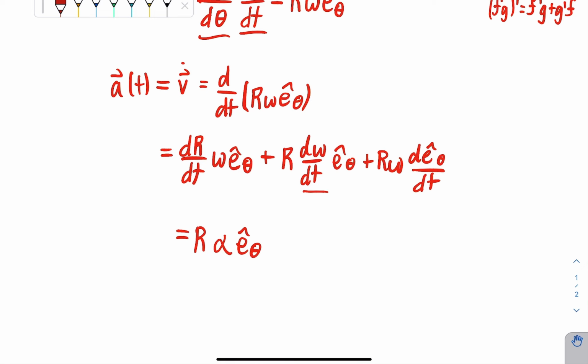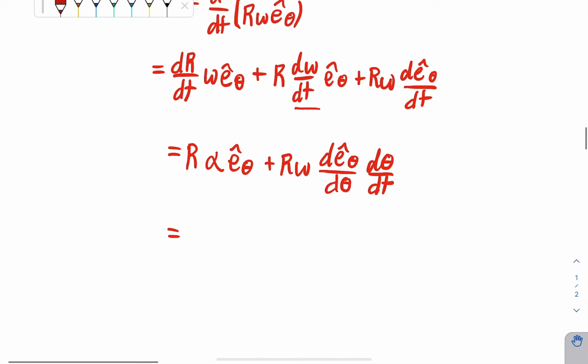And then plus r omega, and we need to use the chain rule again, d e sub theta d theta, d theta dt, which is equal to r alpha e sub theta plus r omega.